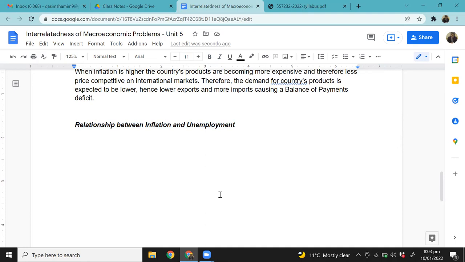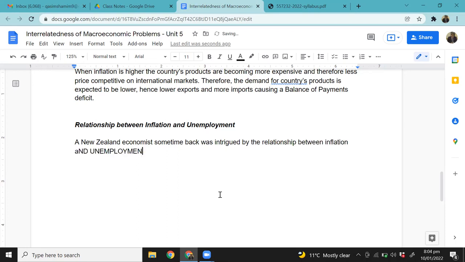Okay, now think about this. Now, this Phillips curve, right? There was a New Zealand economist who, sometime back, I don't exactly know the date, but obviously in economics, you don't need to remember the dates. You just need to know the concept, right? A New Zealand economist was intrigued by the relationship between inflation and unemployment.